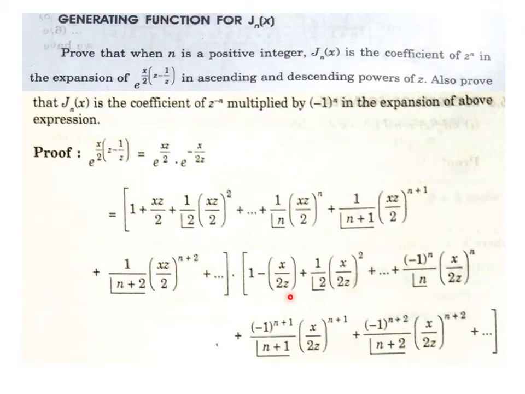And then the next term of the first bracket, with z^(n+2), is multiplied with the third term of the second bracket, 1/z square. So z^(n+2) and 1/z square multiplied together will produce z^n. That is how we will find coefficients of z^n from different terms, and then we have to collect them.